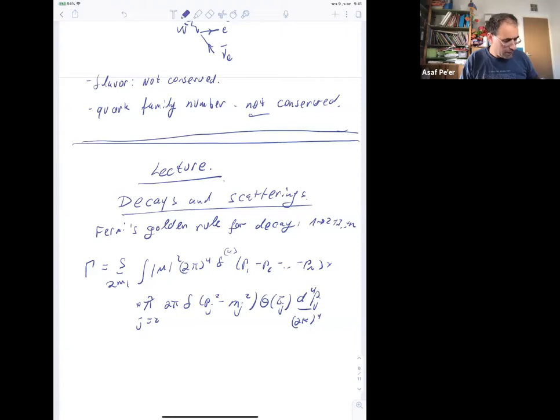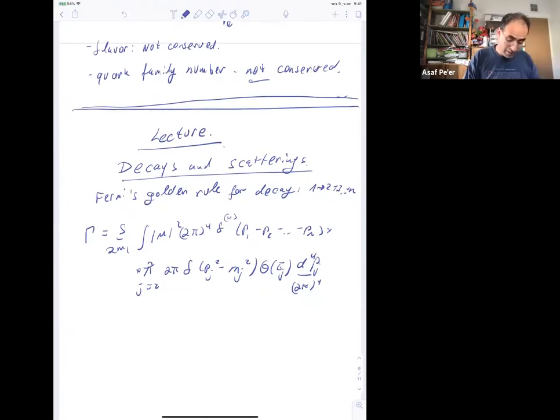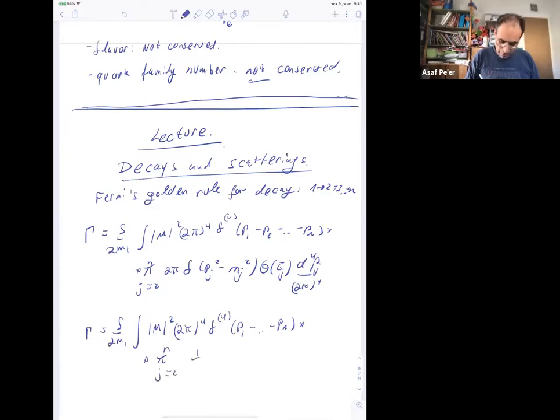If we carry out this integration, the theta function ensures that all the outgoing particles' energies are positive, and we can put it in a simpler format, equal to S over 2m1 times the integral of |M|² (2π)⁴ δ⁴(p1 − ... − pn) times the product over j from 2 to n of 1 over 2 square root of pj² plus mj², integrated over d³pj over (2π)³.